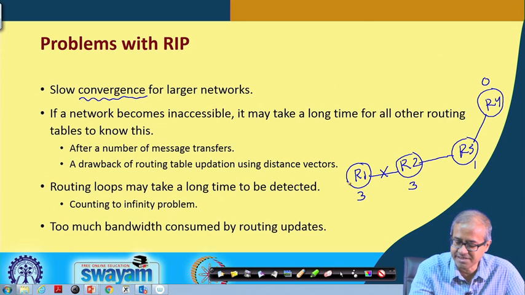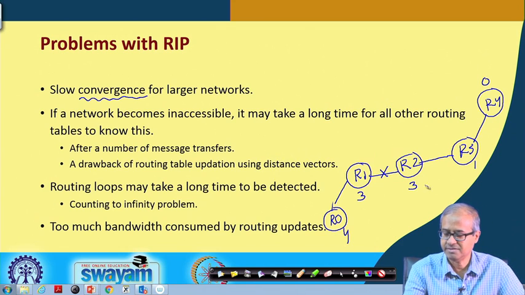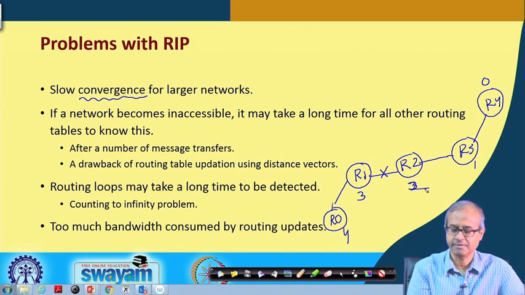And let us say there is another router here, let us say R 0, which initially was 4 hops away, this was 2. Now, this link has failed.